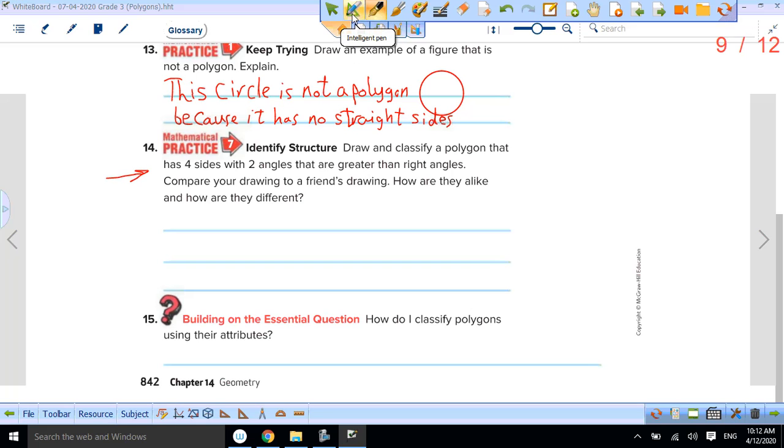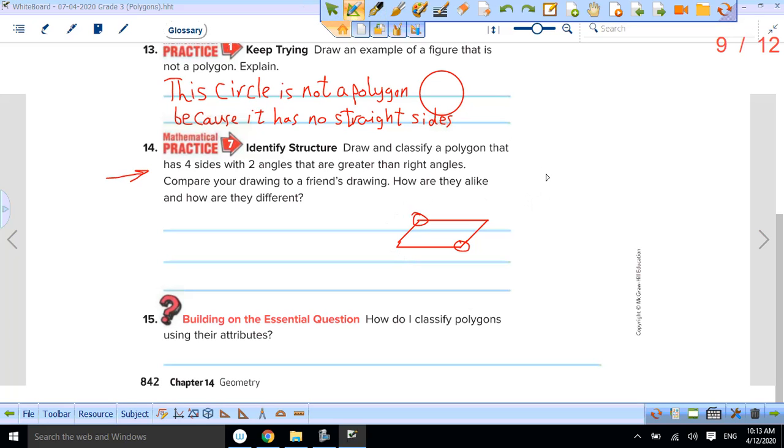It can be, for example, a parallelogram, like that. Parallelogram. Because the parallelogram has four sides, it is a quadrilateral, and has two angles greater than a right angle.